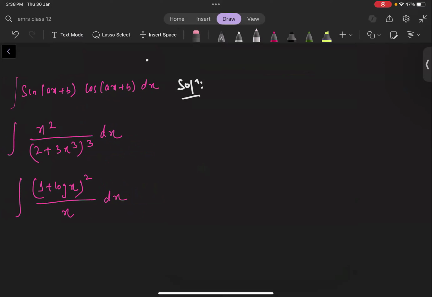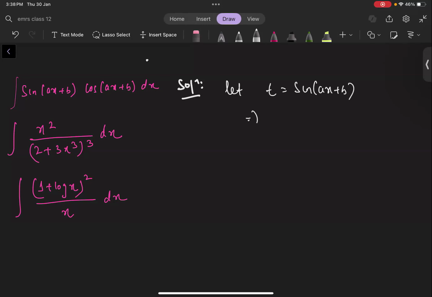So here, I can take anything I want to. I can either take sin(ax + b) equal to t or cos(ax + b) equal to t. Let me write t is equal to sin(ax + b).